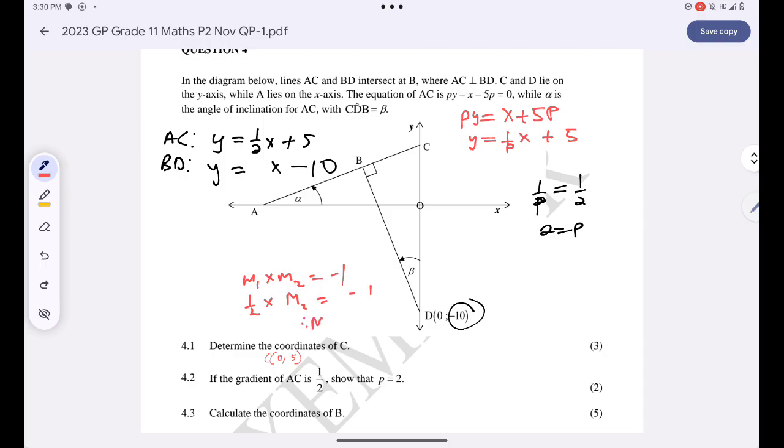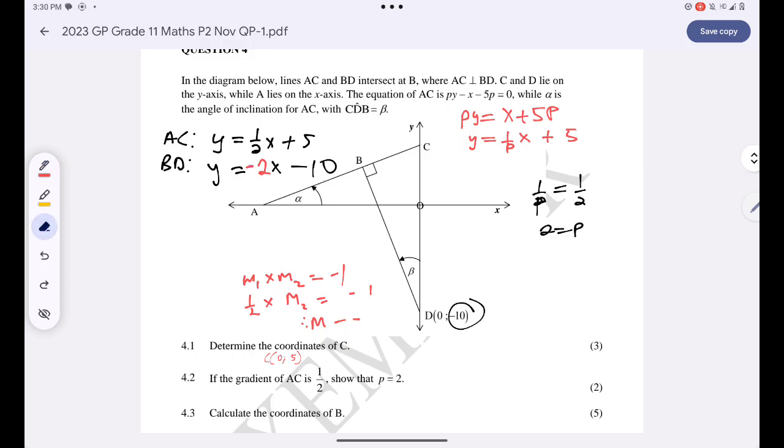It simply means that the gradient of the second line is equal to negative 2. All I need to do is to take the gradient of one line, flip it around, and change the sign. Whenever I flip this number around, I will have 2, and then changing the sign, I will have negative.